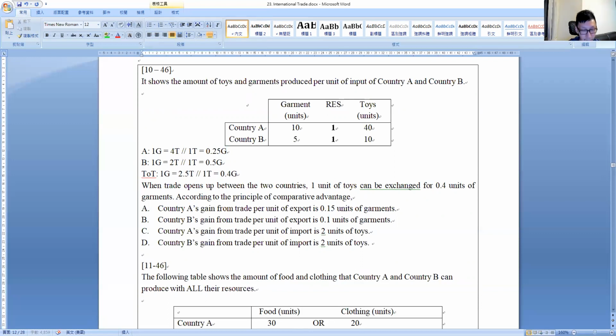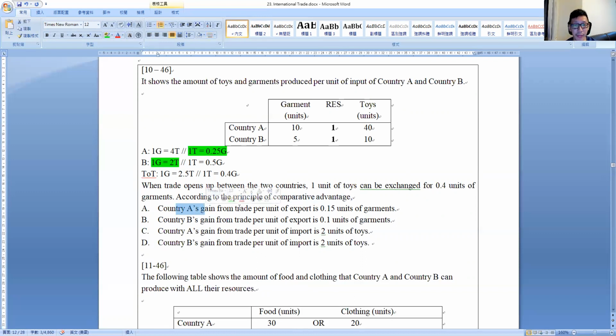Okay. According to the principle of comparative advantage, we know that country B will export garment, and country A will export toy. This is certain.